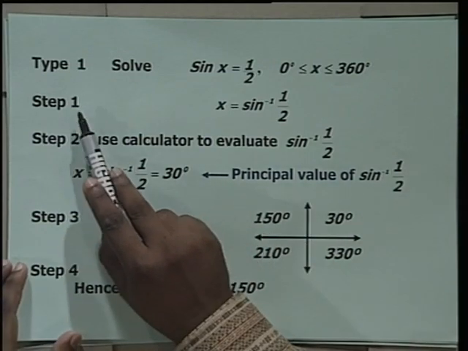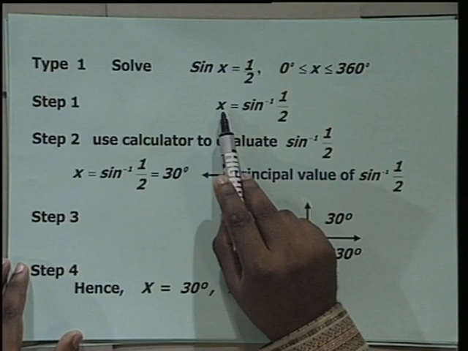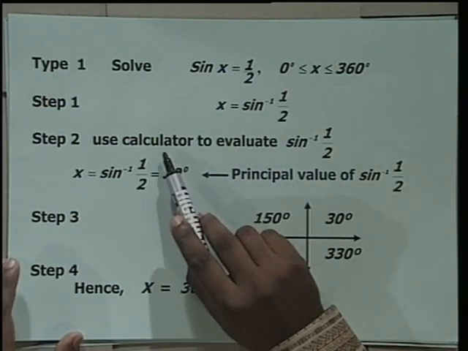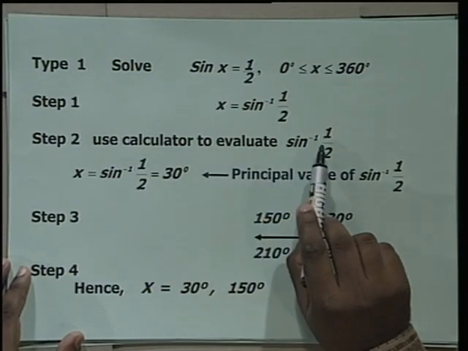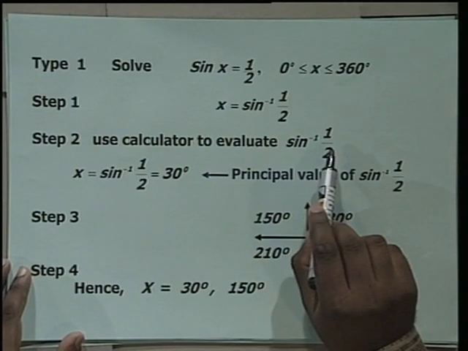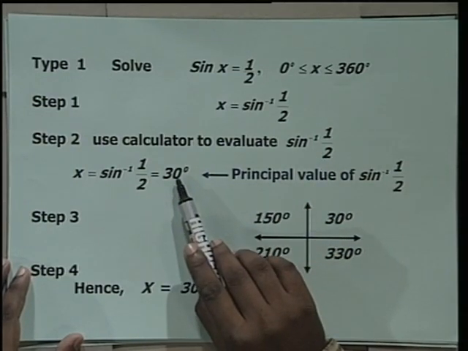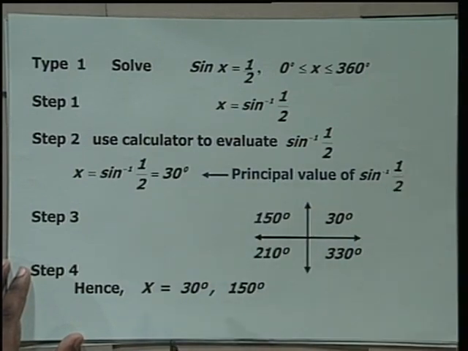So the first step is to apply the inverse sine function. That is, x equal to sine inverse half. The next step, we use the calculator to evaluate sine inverse half, and we get 30 degrees. 30 degrees is called the principal value of sine inverse half.